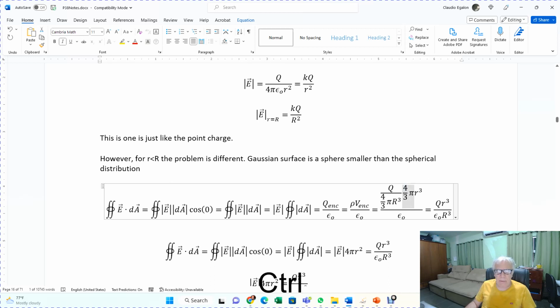Then we can do our simplifications. The simplifications come from here. This 4 pi, this 4/3 pi, and this other 4/3 pi.